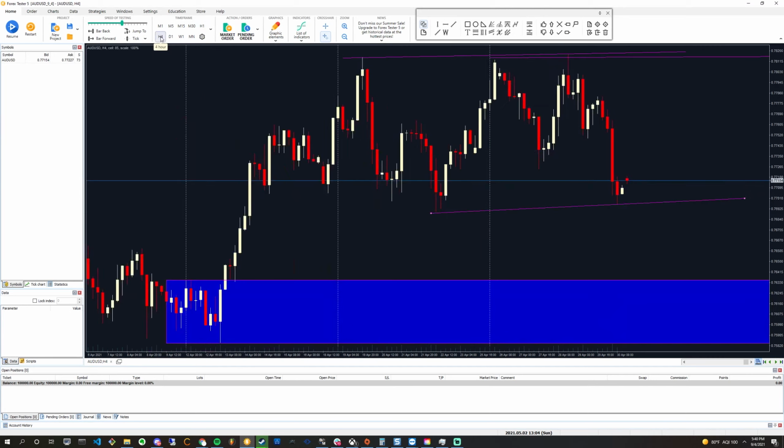On the H4, we do have this wick area here that price just came into, right? And also we're in that slight upward pattern. But remember, on the daily, we are definitely in a more bearish consolidation type of pattern.